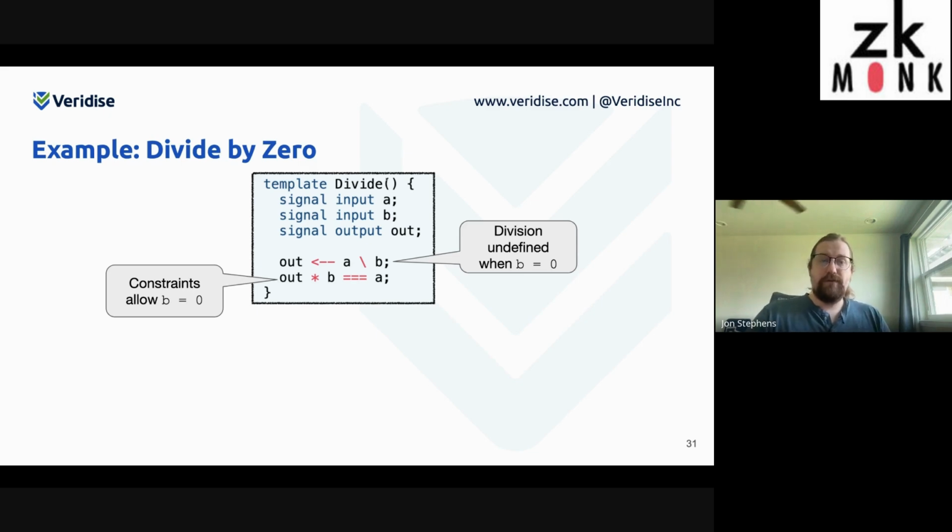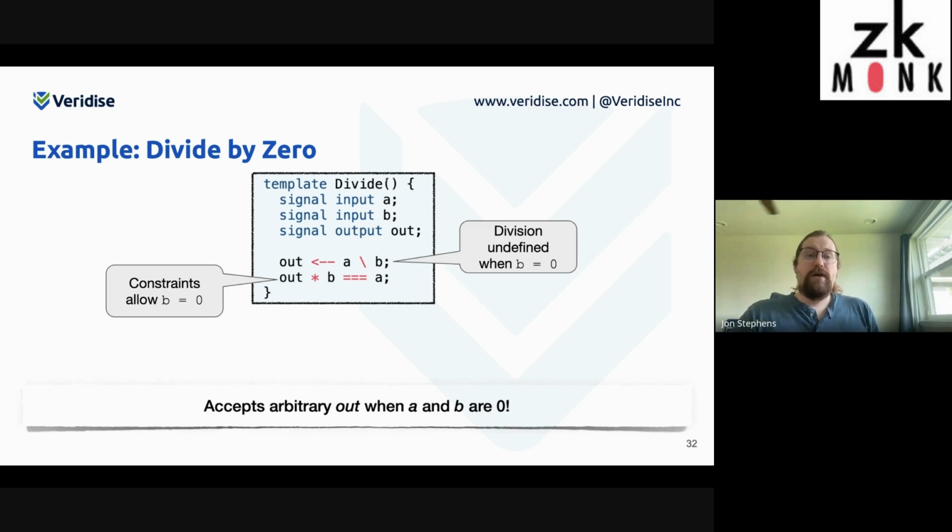However, one thing that you'll notice is when b is 0, then as long as a is 0, out can be anything, which means that someone can pass in 0 as a, 0 as b, and then they have full control over out. That can be fairly bad because, depending on what your application does, you assume that when you're performing a division, you're going to get something consistent with division in the output.